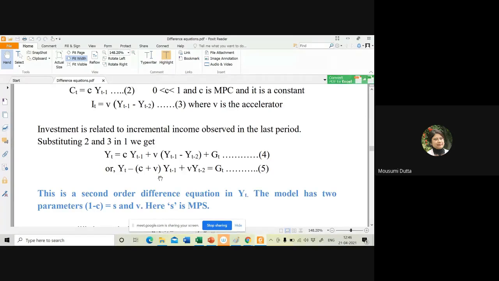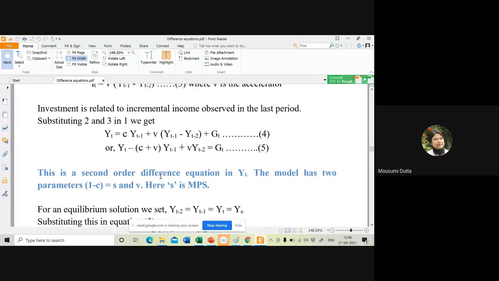So if this is equation number 5, I'll tell you to derive the equilibrium income. First, you write down: for an equilibrium solution, we set YT minus 2 is equal to YT minus 1 is equal to YT is equal to YE.